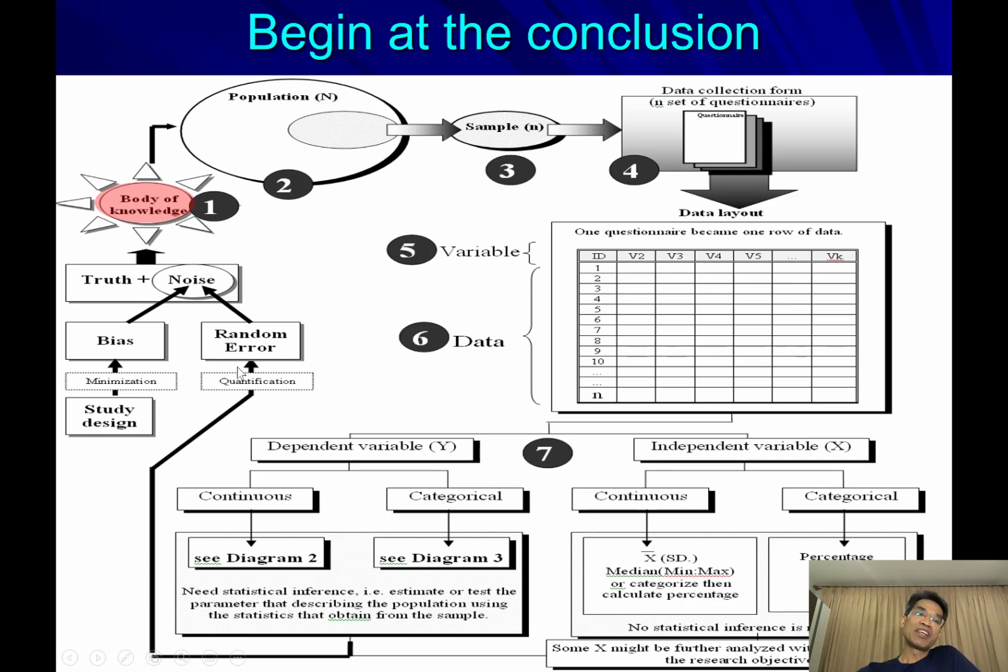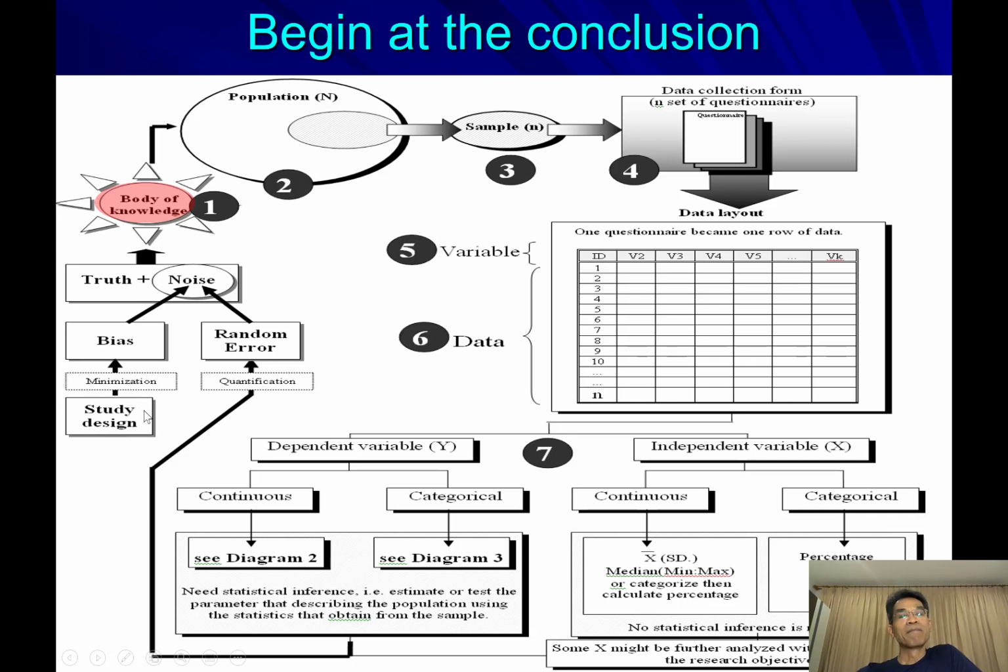This one is the nature of things. We can just quantify it for judgment. But the bias is something that is introduced by how we do research, based on the study design.